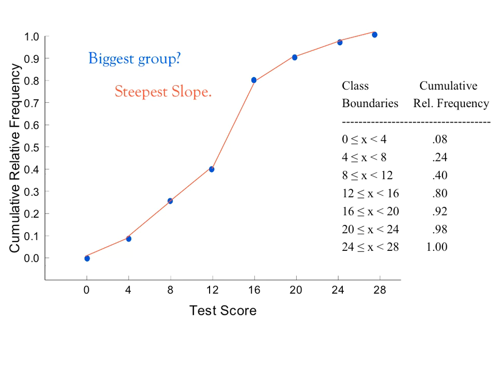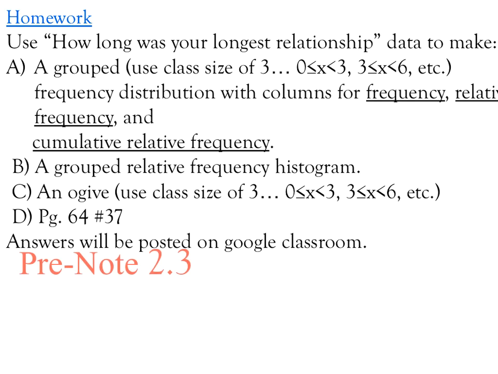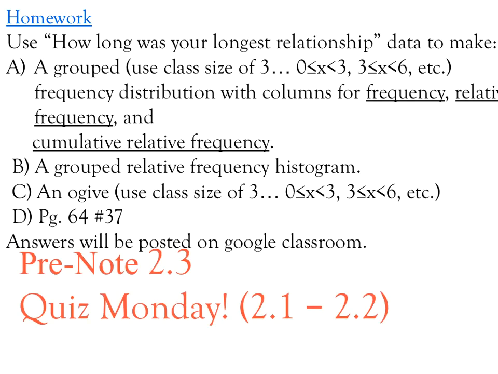Okay, so for your homework tonight, you're using the how long was your longest relationship data, which is the section on the class set, and you're coming up with the grouped class and the frequency, relative frequency, and cumulative relative frequency, which is just this chart over here. You need this to create your ogive anyway, so it's all in one question.